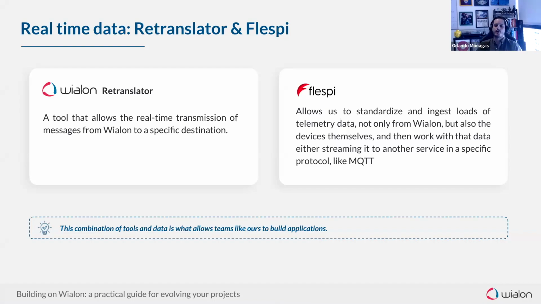You can set the retranslator aiming to your server and sending the data in binary format. And then your backend, your app, is the one that will be in charge of interpreting that. And now you will get every single message of the chosen units, right?